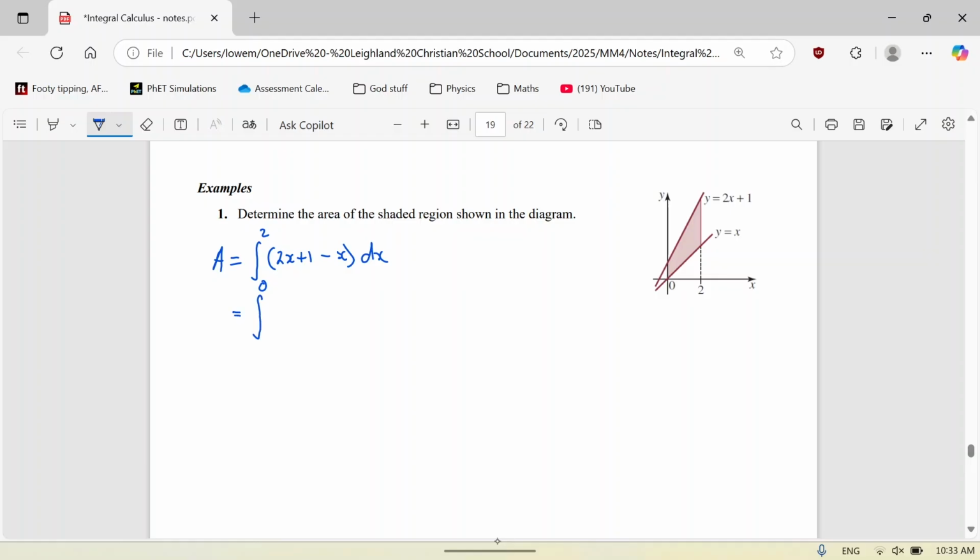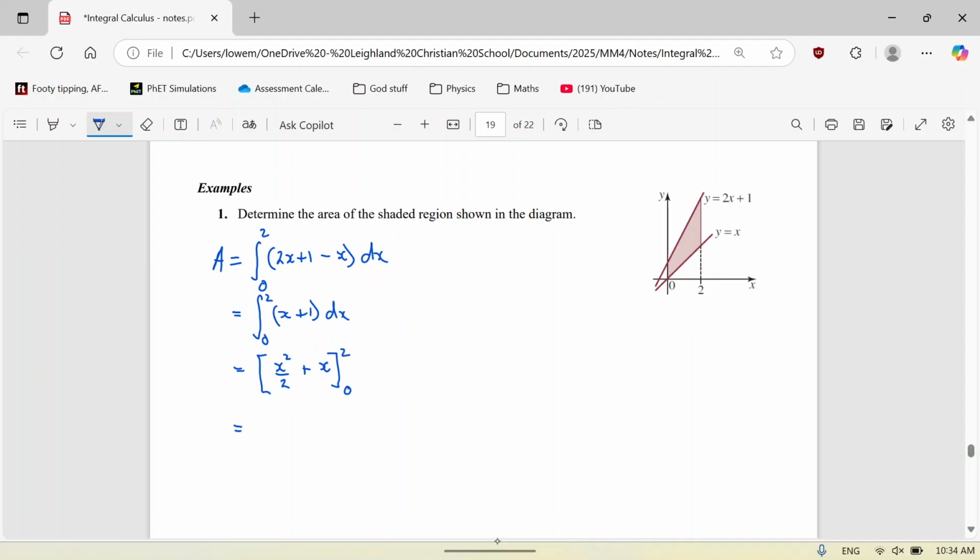Okay, so then what we can do here is simplify this expression, so that becomes 2x minus x, which is x plus 1, and then we can go through a straightforward process of integrating this, and so that gives us x squared over 2 plus x from 0 to 2.